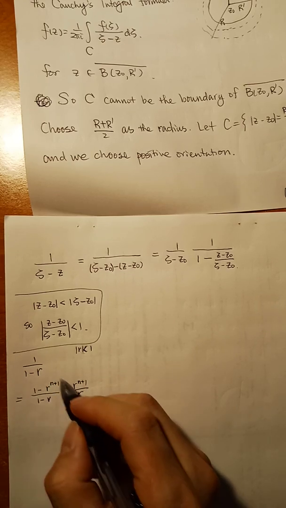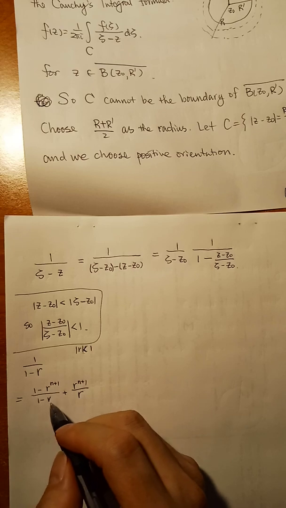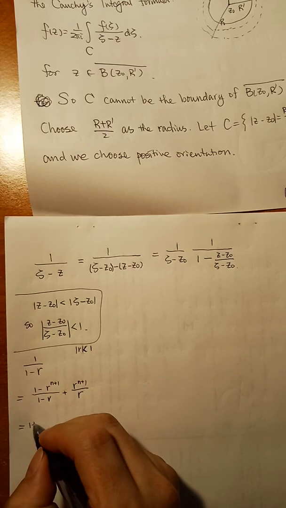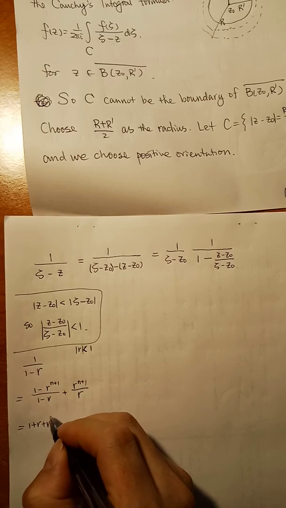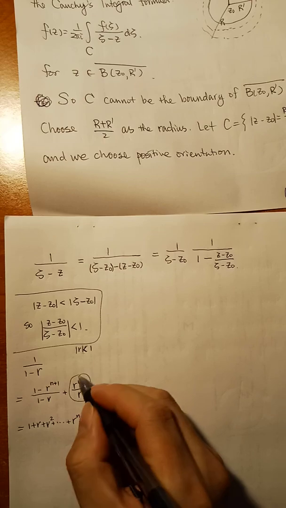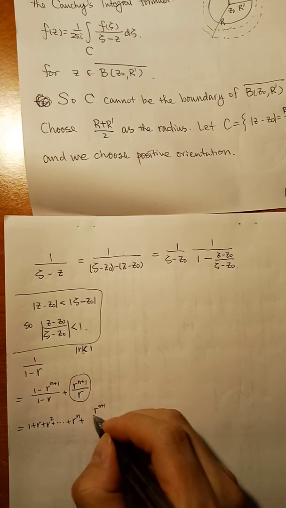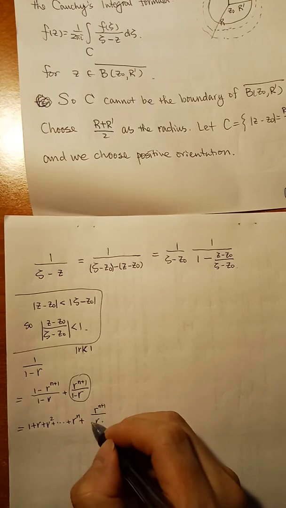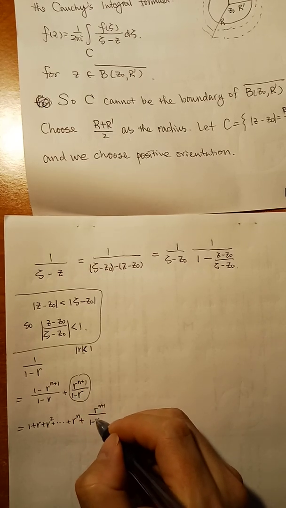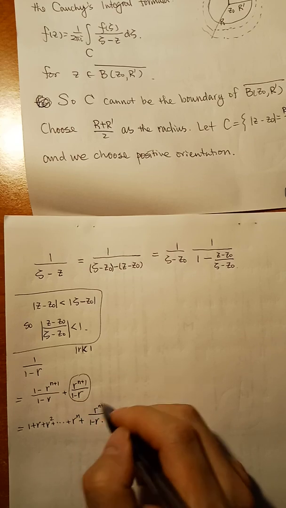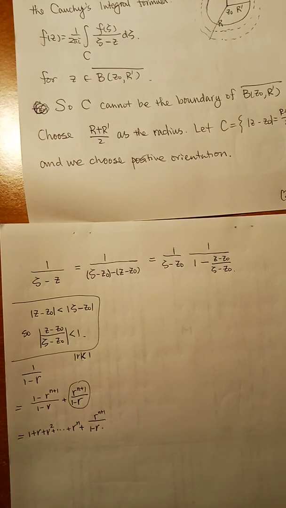And in this one we can factor out the numerator and cancel 1 minus r. So you get 1 plus r plus up to r to the n, and this part you get r to the n plus 1 over 1 minus r. My bad, it's r to the n plus 1 over 1 minus r here. Okay, it's like the remainder.